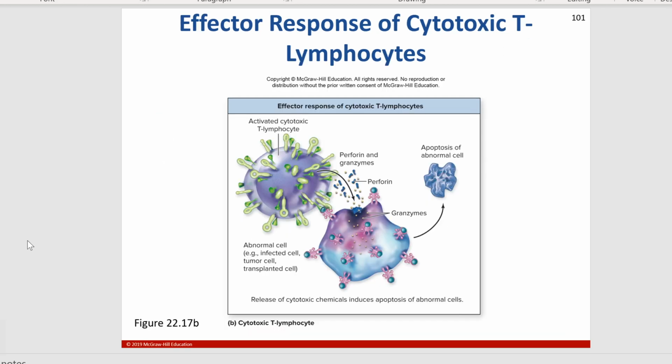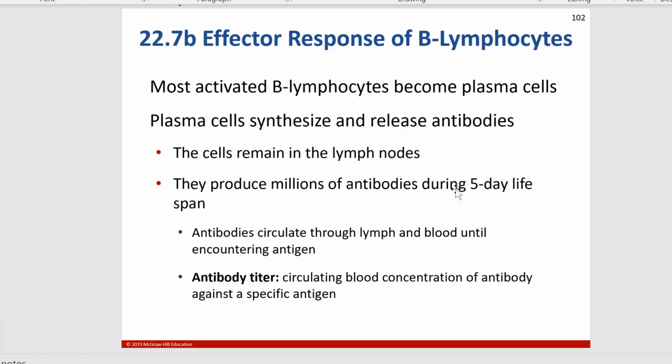What it does is blow holes in the cell and induce it to kill itself, so apoptosis. Looking at the B lymphocytes, most of the B lymphocytes that are activated will become plasma cells and create antibodies.